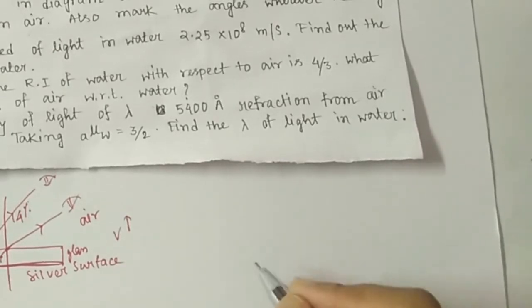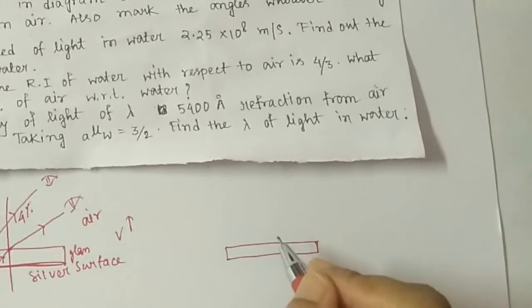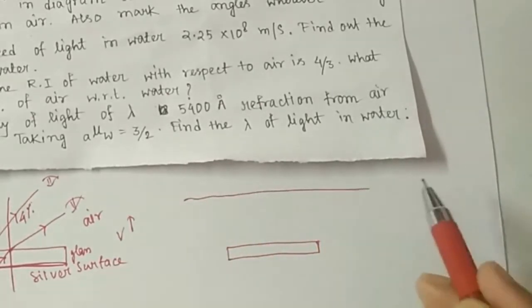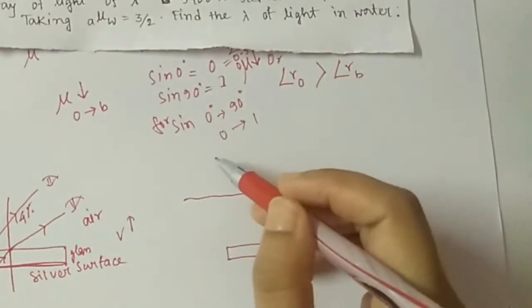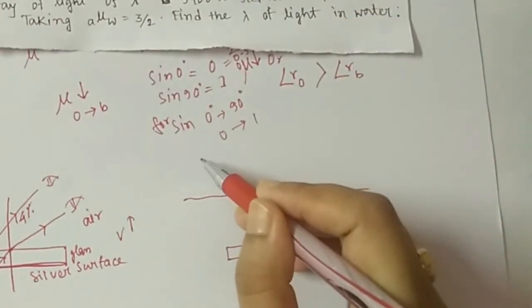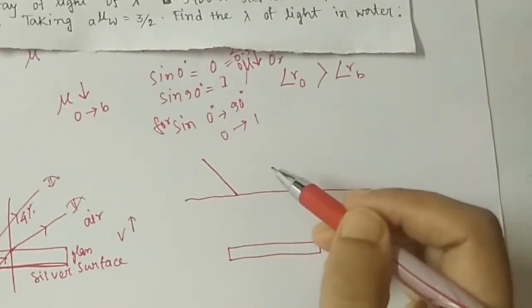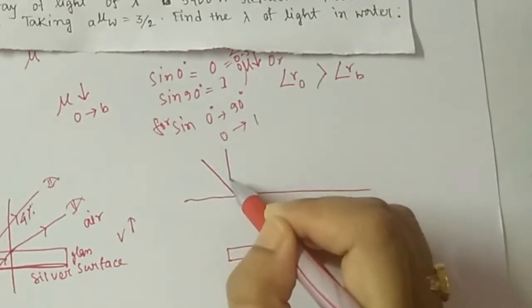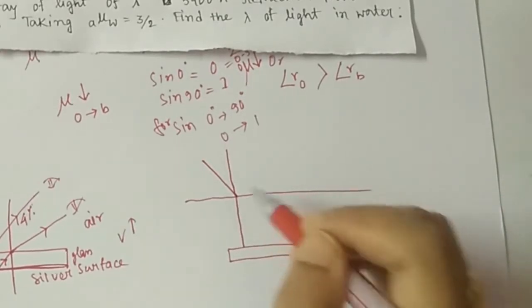Now suppose that is your mirror and we are keeping it under water. Suppose a light ray is incident here, and we will draw the normal along the point.